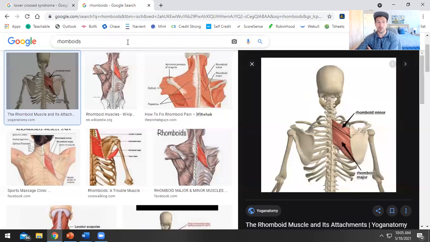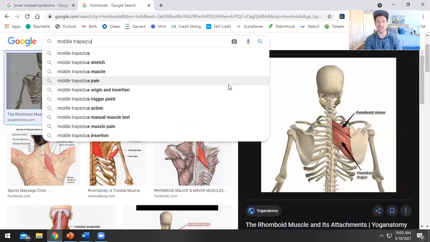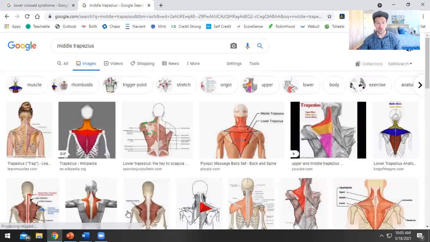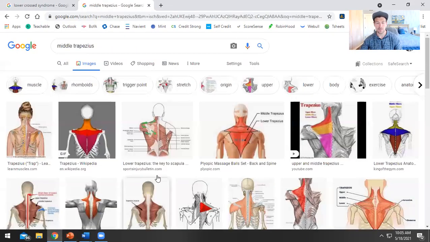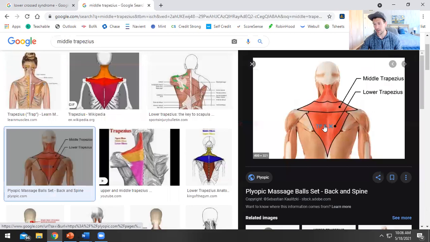Rhomboids get a lot of help from these other muscles that are back there, which are your middle trapezius. So you've also got middle and lower trapezius muscles, okay? Your middle trapezius is right here in this middle section, and then your lower trapezius is this lower section down here.